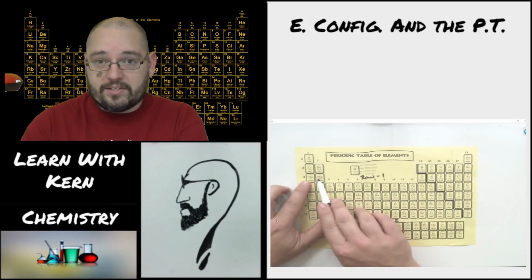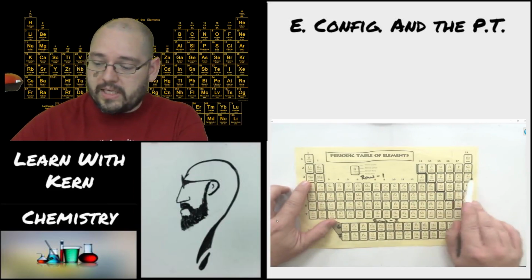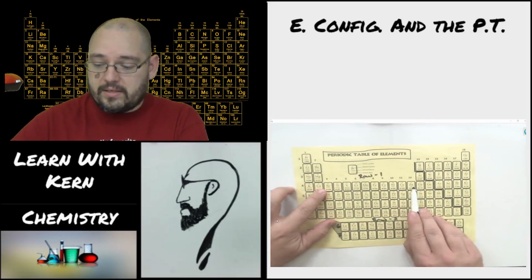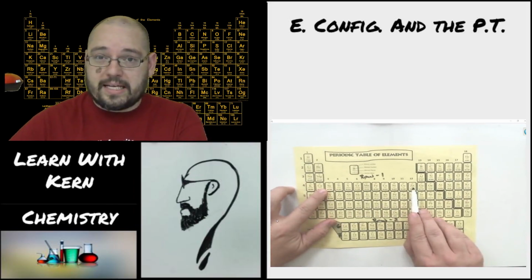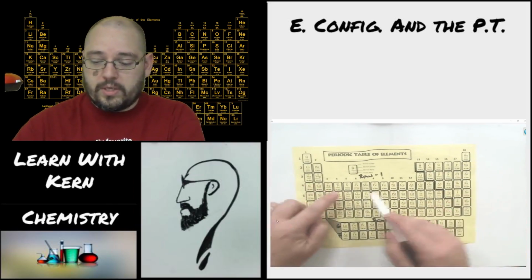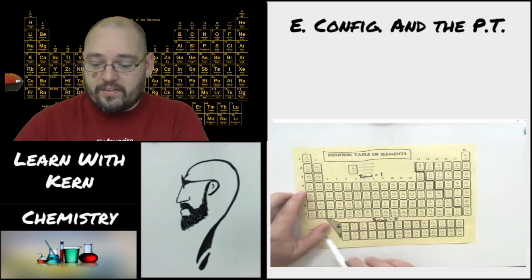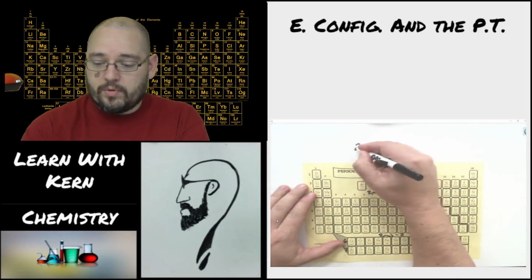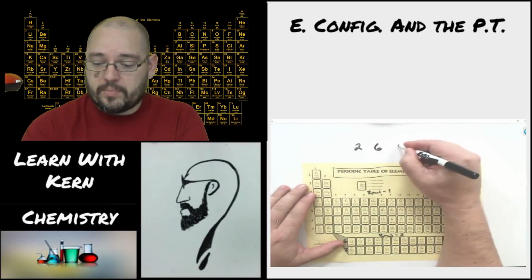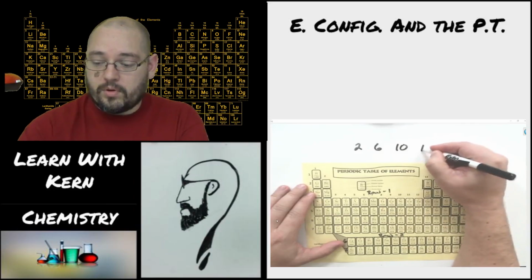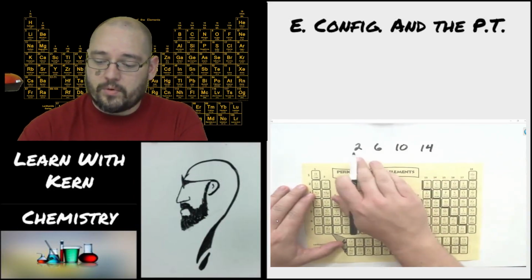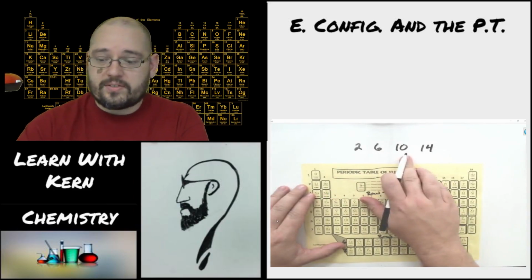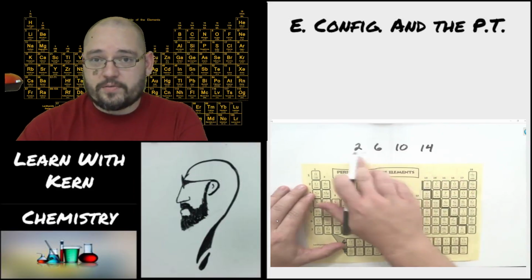Well, our s is 2, our p is 6, that's 8, and then our d was 10, that's 18. So 2, 8, 18, and then the fourth, fifth, and sixth energy levels had an s orbital, a p orbital, a d orbital, and an f orbital. All right, and s had 2, p has 6, d has 10, f has 14.